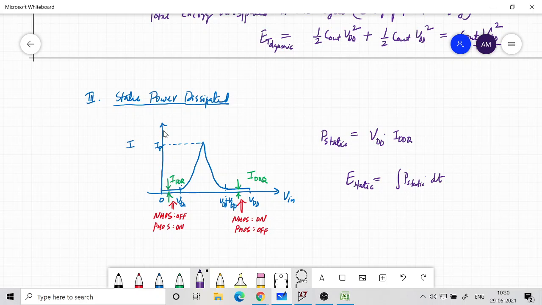The reason is to reduce the time for which IDDQ is flowing, so it stops the IDDQ and saves the energy in the battery. Okay, so this is the expression for static power, dynamic power and short circuit power. We'll stop here.